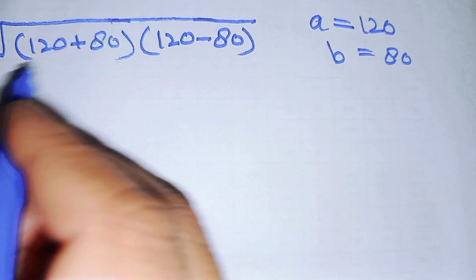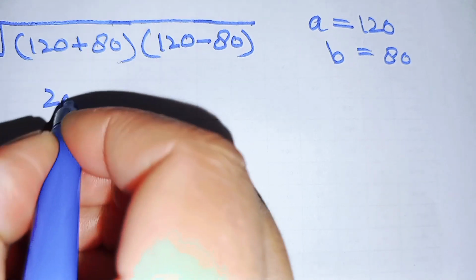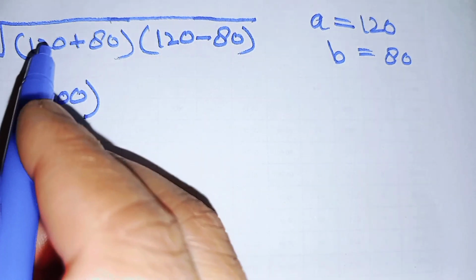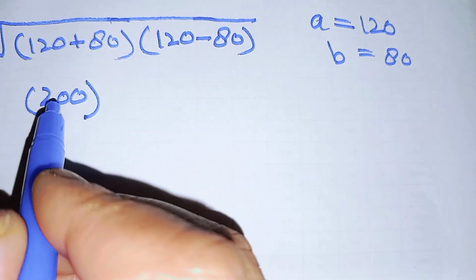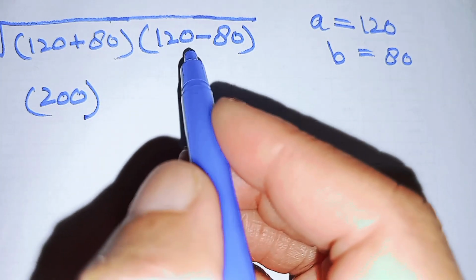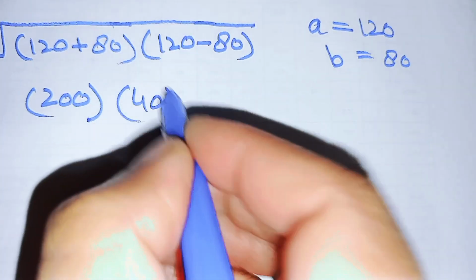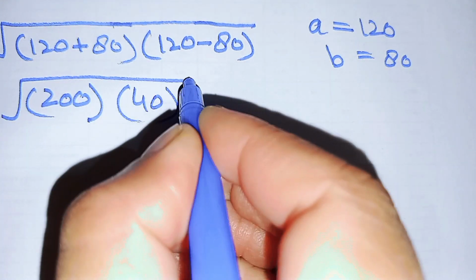So we add them: 120 plus 80 is equal to 200, and we subtract them: 120 minus 80 is 40, and here is the square root.